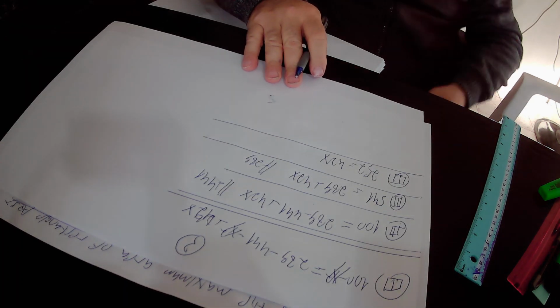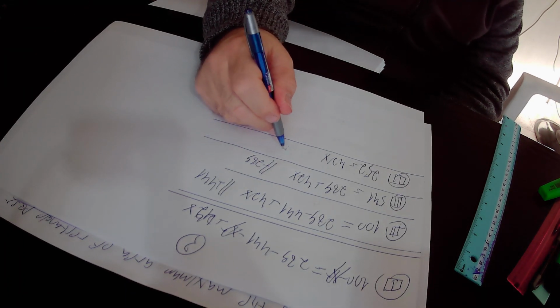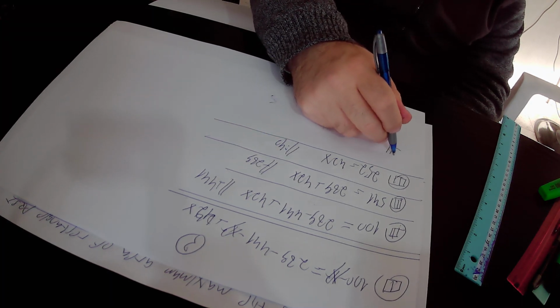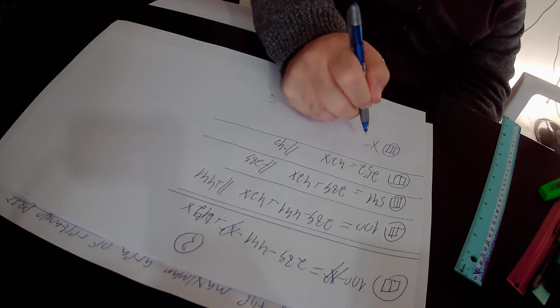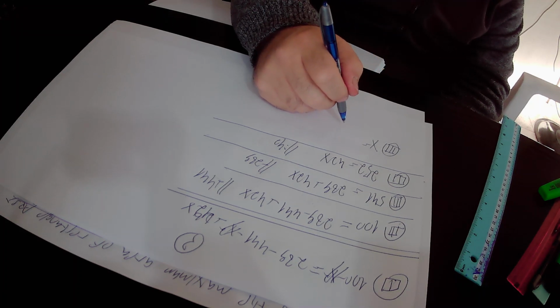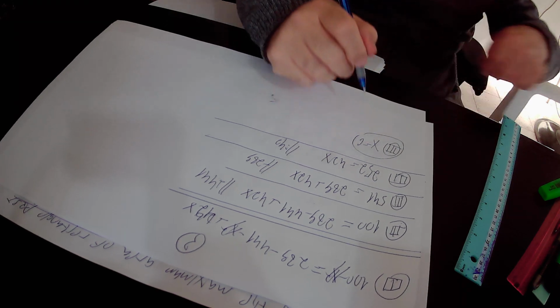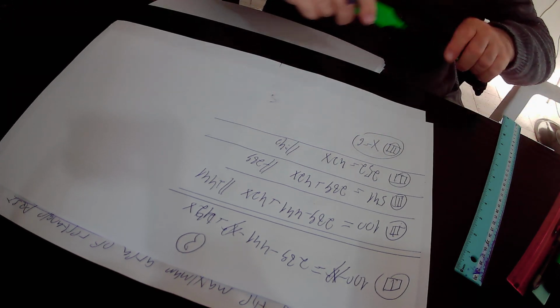Here we divide equation 3 by 42, and finally x equals 252 over 42, that equals 6. So we found out that x equals 6 units in length.